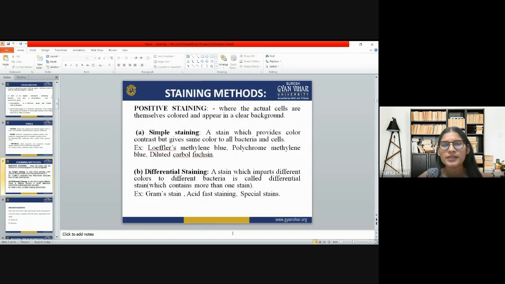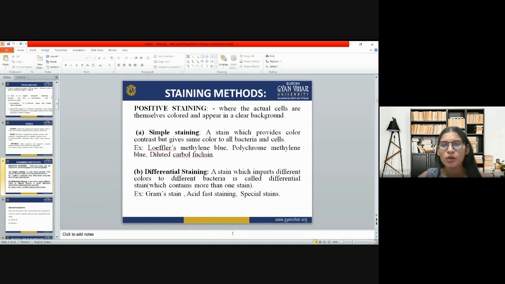Now, what are the staining methods we have? Talking about positive staining, the actual cells themselves are colored and appear against a clear background. We have two kinds of positive staining. The first one is simple staining. A simple stain provides color contrast but gives the same color to all bacteria and cells.